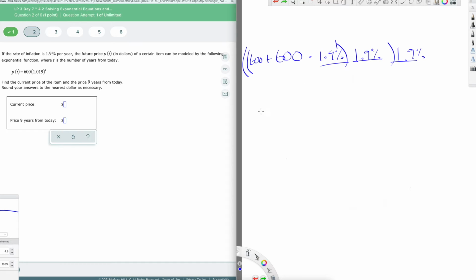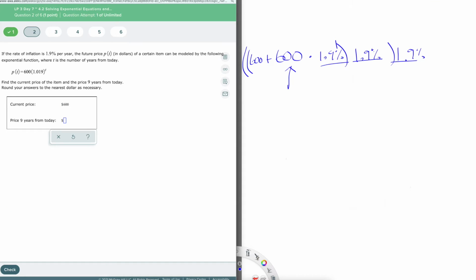So this is not the best illustration because I'm not showing it being added back each time. We want to find the current price of the list item and the price 9 years from today. I kind of already gave that away. This is the starting point. We're multiplying the starting point by the percentage. So the current price is that 600 that we see at the beginning there.